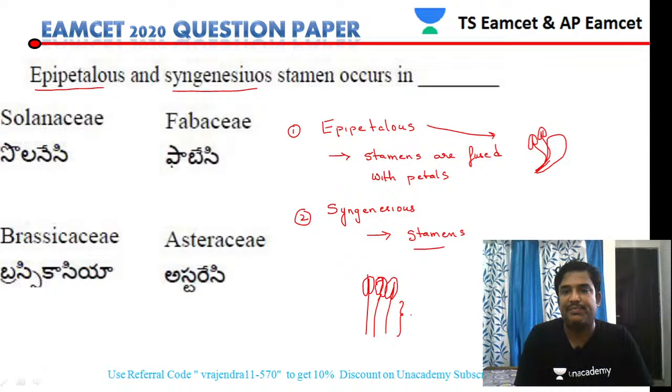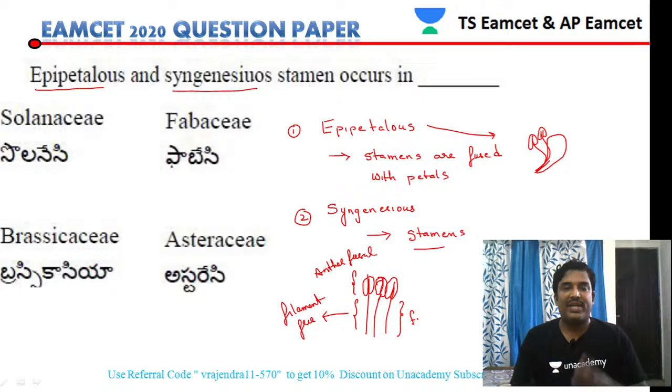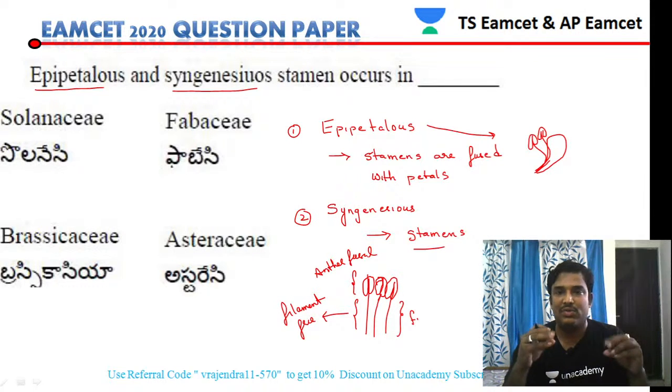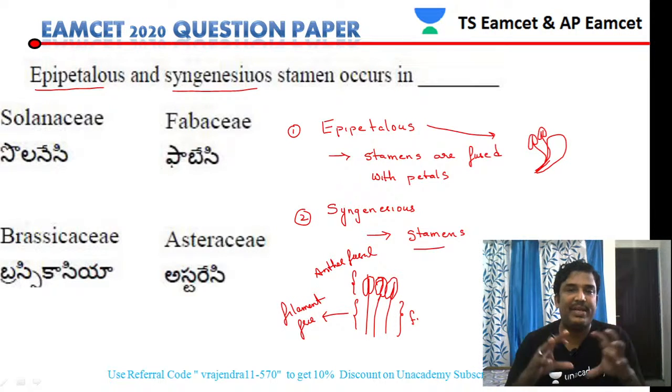So in the syngenous condition, in the stamens, the anthers, the head part, are fused and the filaments are free. Such a condition is called syngenous.